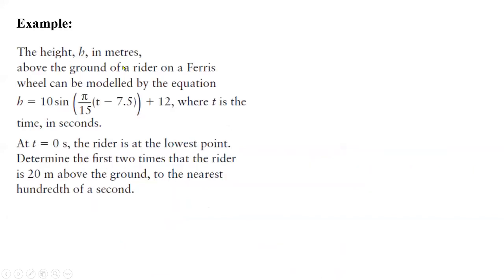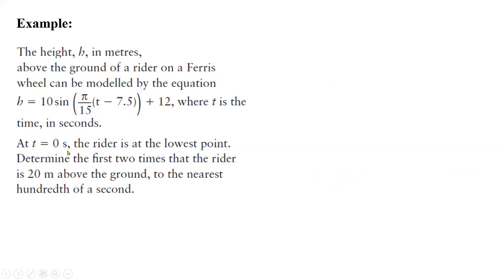All right, so let's have a look at another problem. The height h in meters above the ground of a rider on a Ferris wheel can be modeled by the equation here. h equals 10 times sine of pi over 15 times the difference between t and 7.5, plus 12, where t is a time in seconds.